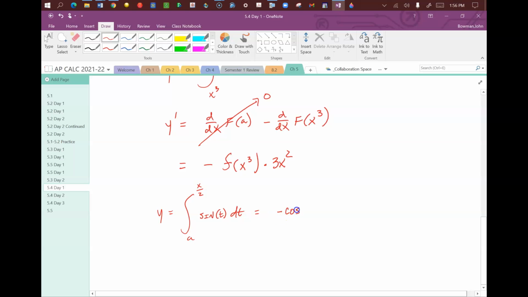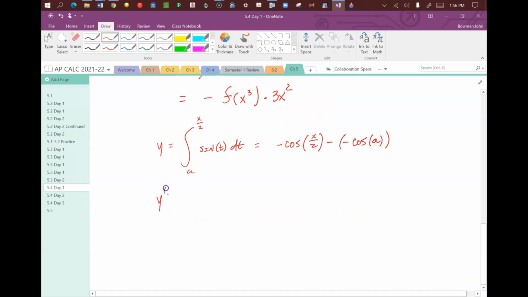That is the opposite of the cosine, evaluated at x over 2, minus the opposite of the cosine, evaluated at a. And then we found the derivative of that. So y prime is equal to d/dx of the opposite of the cosine of x over 2. The two negatives make a positive, so plus the derivative of the cosine at some value of a.